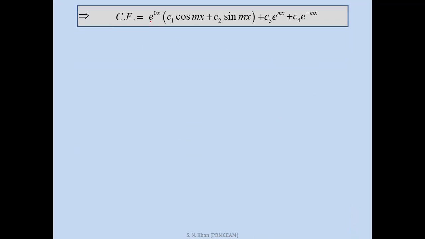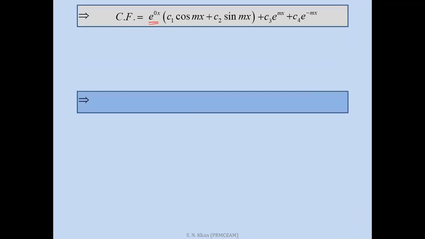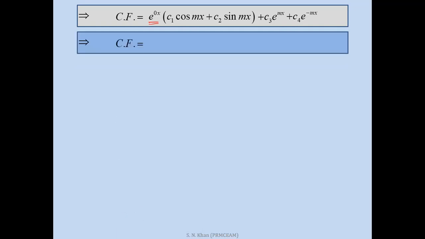Now we know that e to the power 0x is 1, so we can remove it. The remaining equation is CF equals c1 cos mx plus c2 sin mx plus c3 e to the power mx plus c4 e to the power minus mx. So this is the simplified CF for the given differential equation.